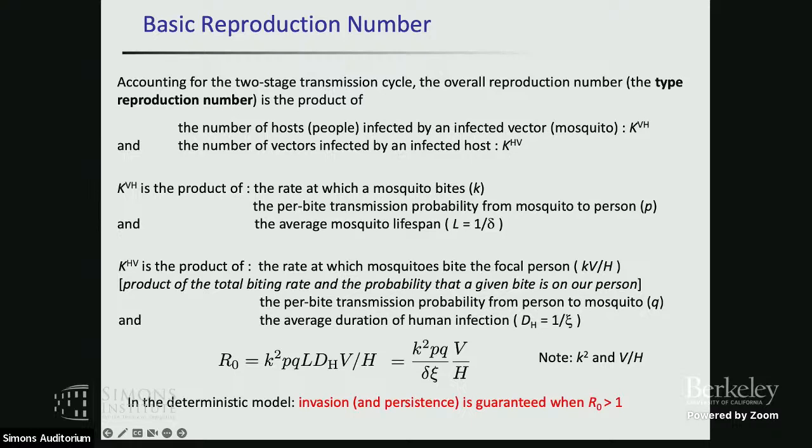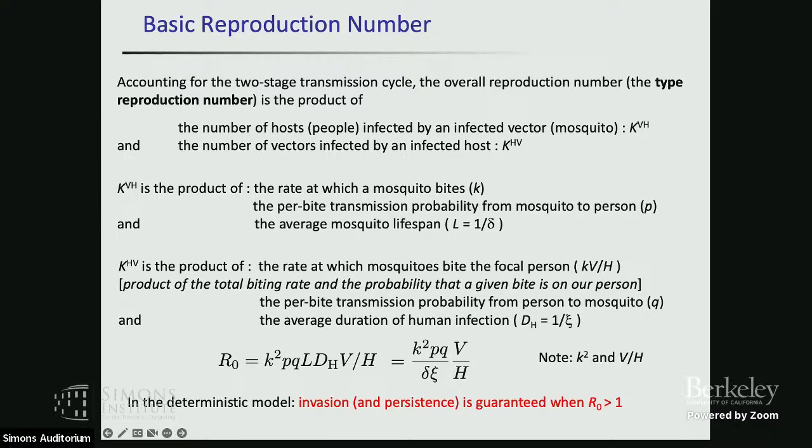And then in the other direction, we can argue similarly by figuring out the rate at which mosquitoes bite our focal person and how long the person is infected. Multiplying these two quantities together, we get the formula down here for the basic reproduction number.